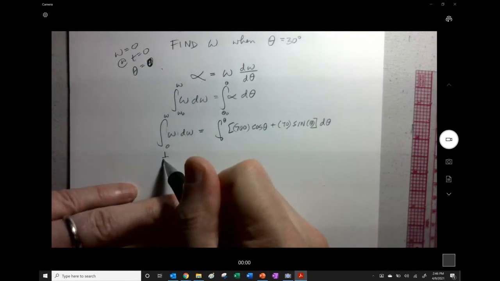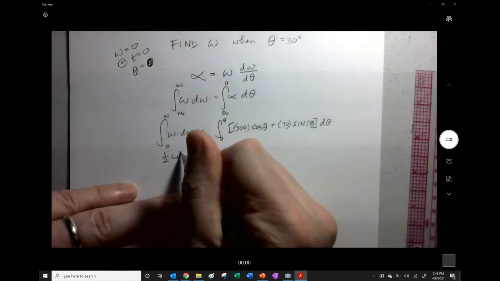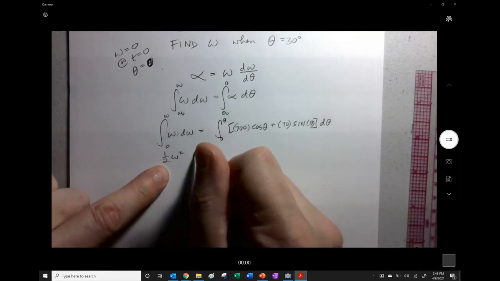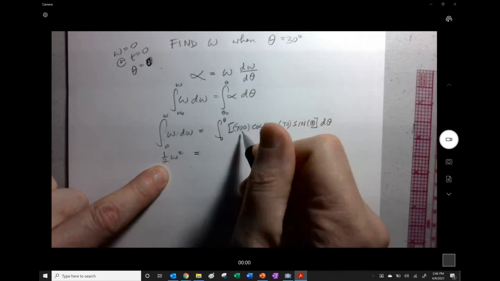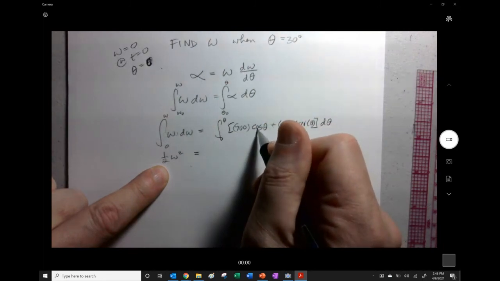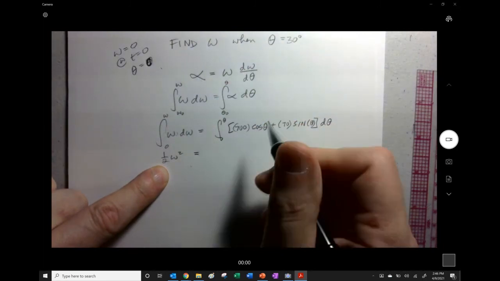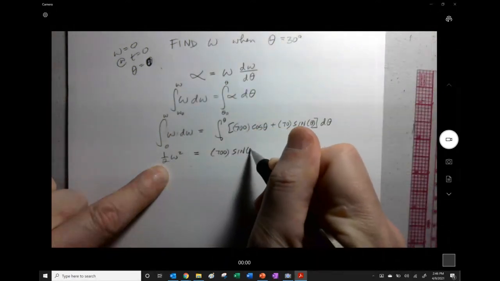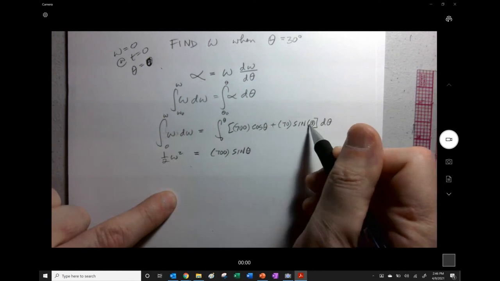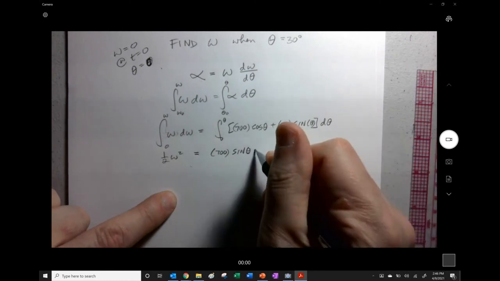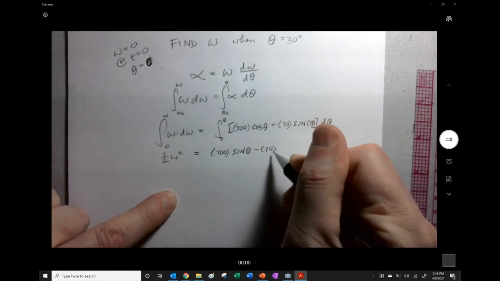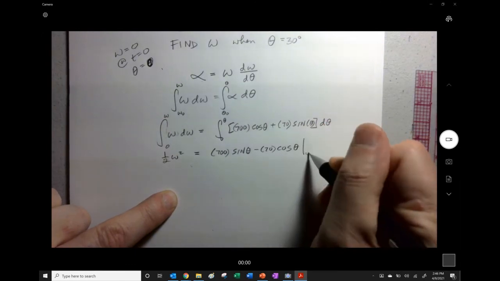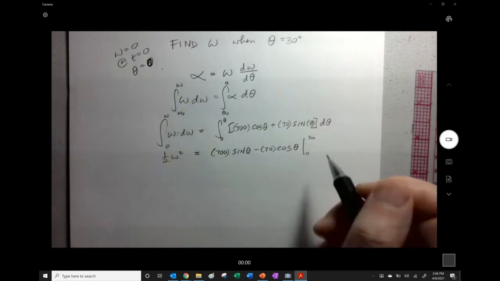So we have 1/2 omega squared minus 1/2 0 squared, so just 1/2 omega squared. That's equal to the integral of cosine, which is positive sine. The integral of sine, though, is negative cosine. So we got negative cosine of theta, and that goes from 0 to 30. You've got to be careful here.